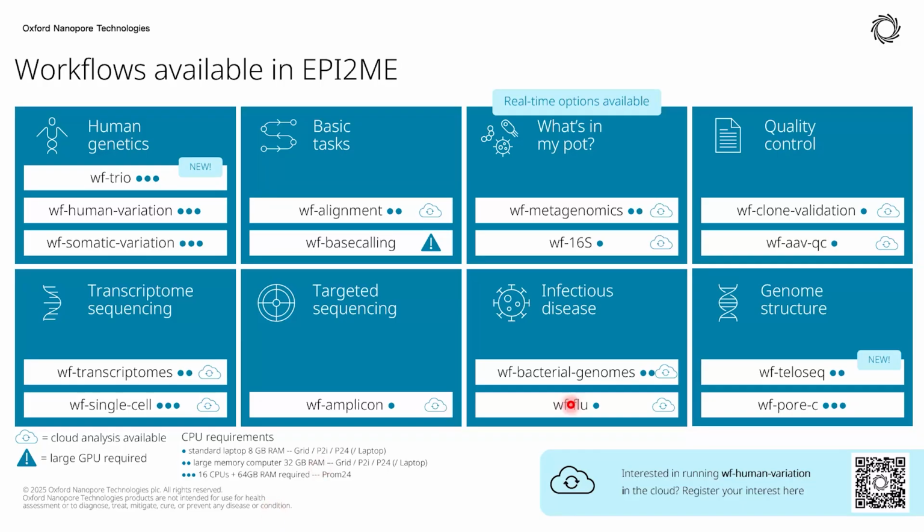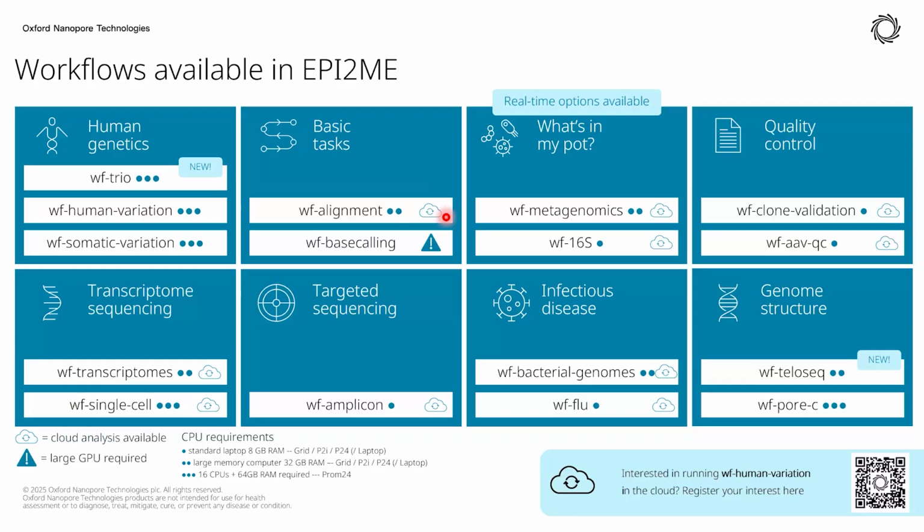These are just wrappers around our Dorado base calling software for the base calling workflow, or Minimap2 for the alignment workflow. Sometimes they are convenient to use. Minimap2 doesn't directly take BAM files, but our alignment workflow will take BAM files and convert them for you so that you can align them with Minimap2 and then get your aligned BAM files at the end.